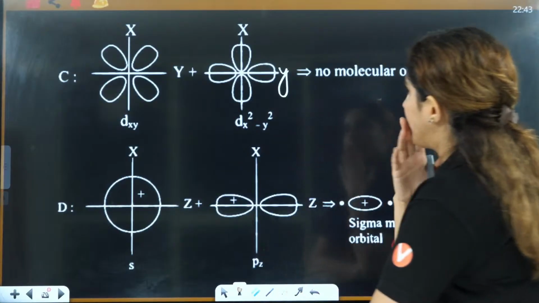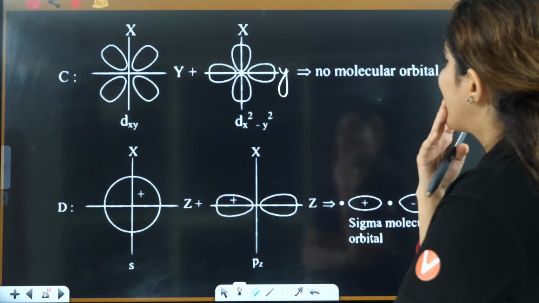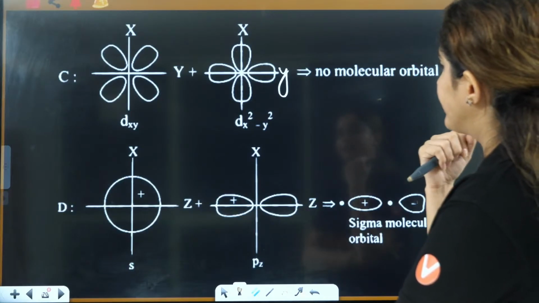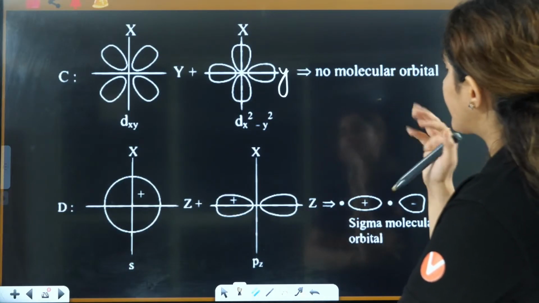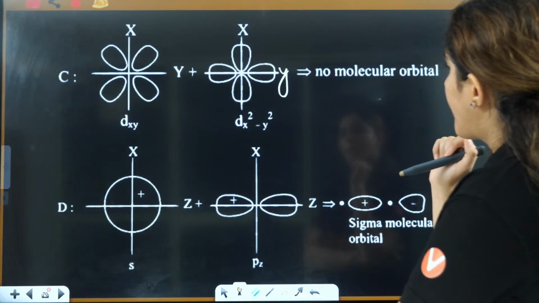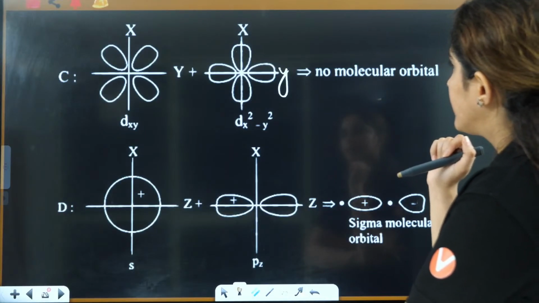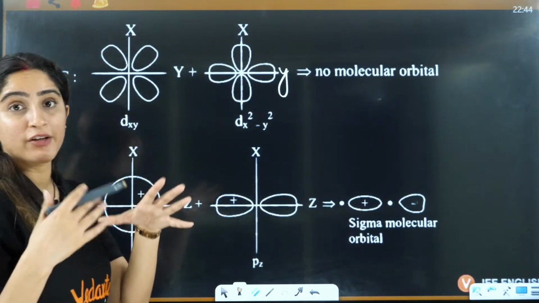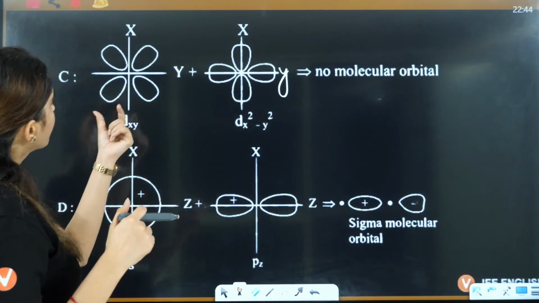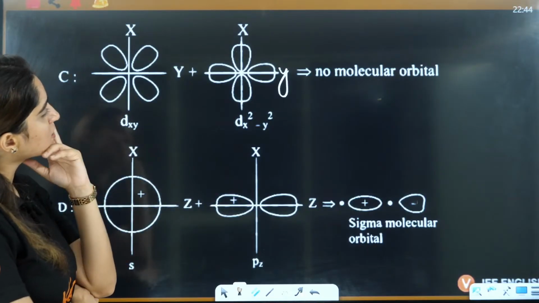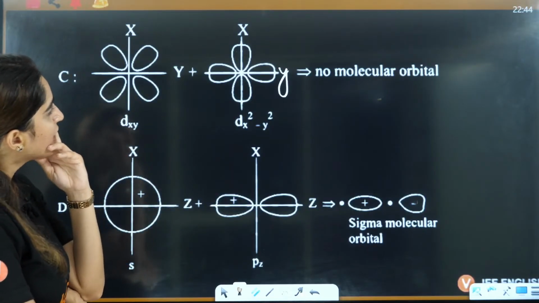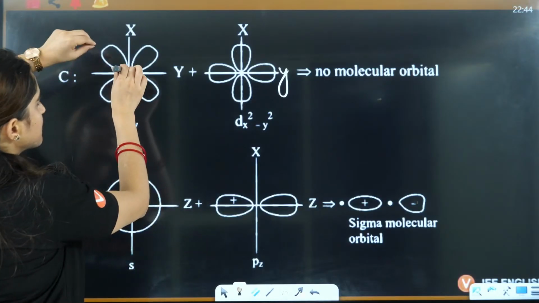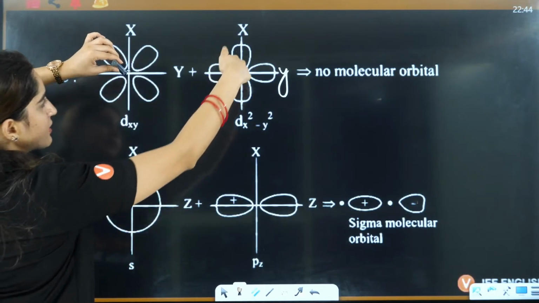First thing is, if you want to form a molecular orbital here, energy is same, that's fine, but they are not going to form any bond here because this is between the axes, this is along the axis. If you're saying that it should be along the z-axis, and the z-axis is this one.